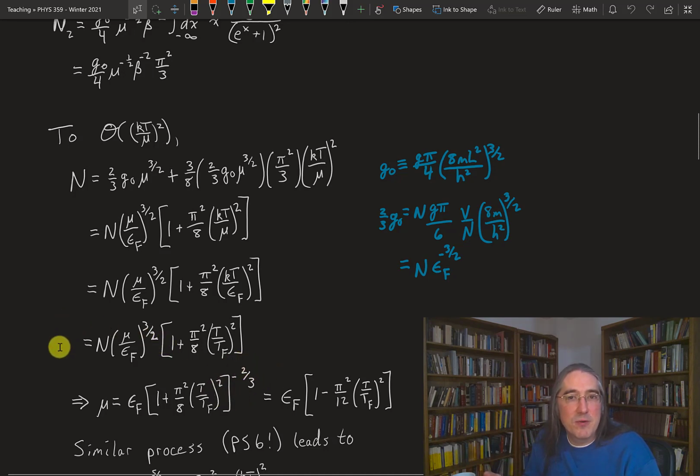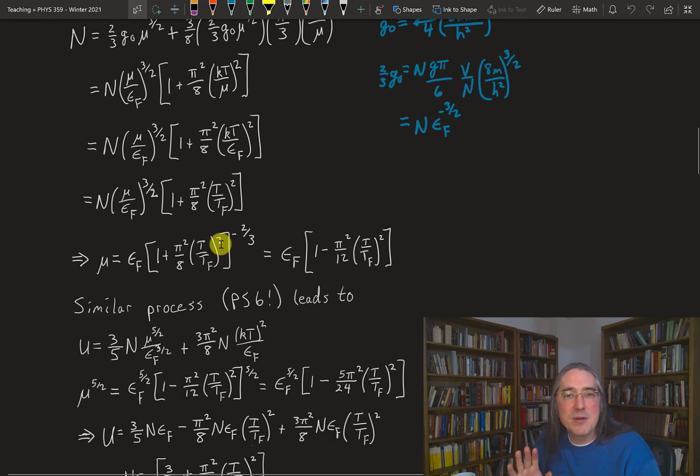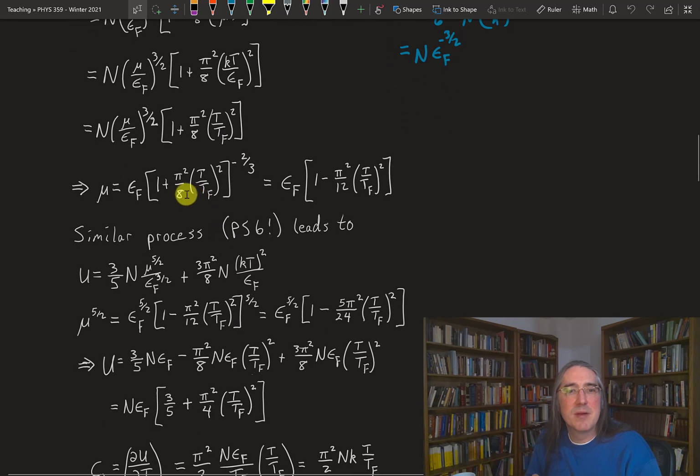That would leave me mu over E Fermi on the other side, just multiply by E Fermi. The chemical potential is E Fermi, what it should be at T equals 0, times, and now we can see the temperature dependence. 1 plus pi squared over 8, T over Tf squared, that's the functional dependence. And maybe I should make that point a little more clearly.